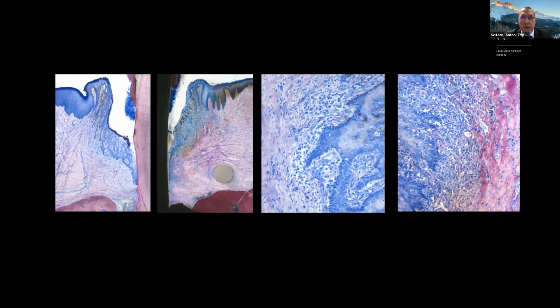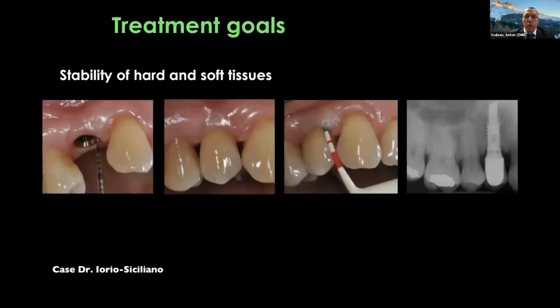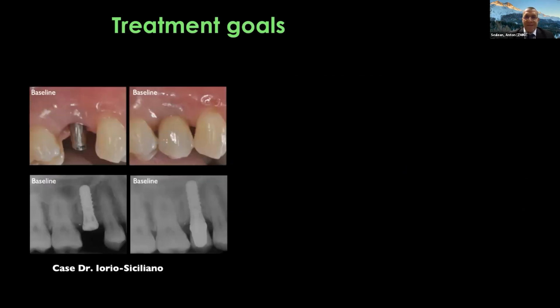This is also one explanation why, for example, a peri-implant infection, namely a peri-implantitis, will progress faster towards the bone than periodontitis.